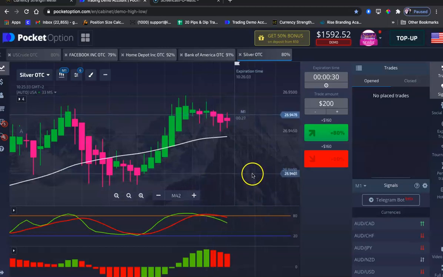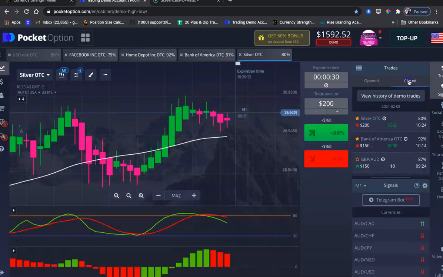So I'm going to wrap this up. I didn't want to make this too long, but I did want to show you what is possible here on Pocket Options. So we took two trades that were both winners. So we made a total of what? In a 1 minute time frame, two 30-second trades, right?